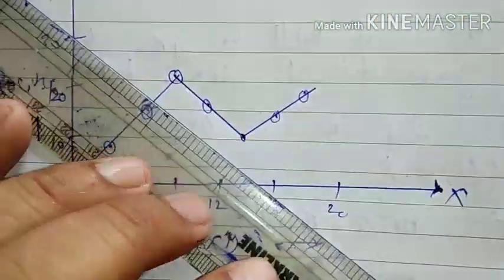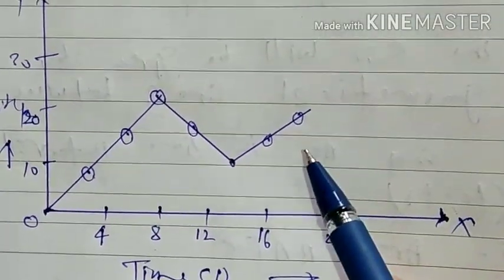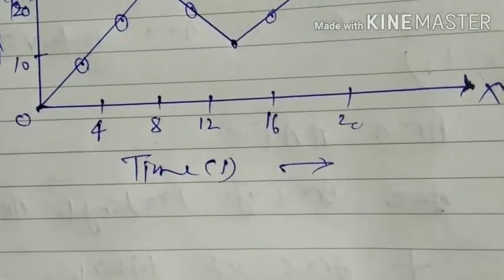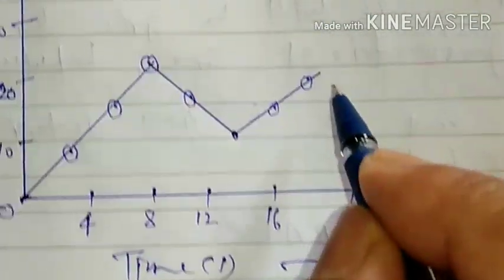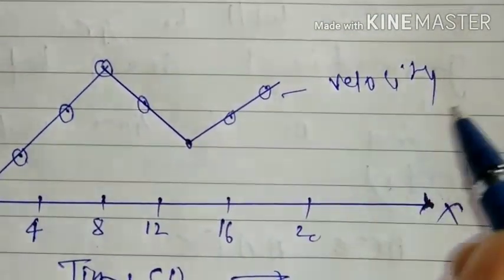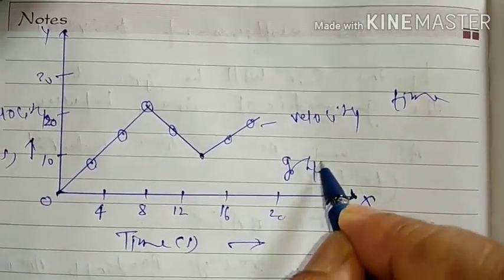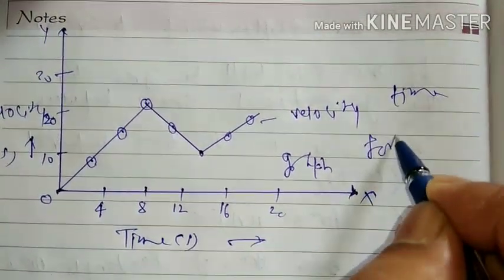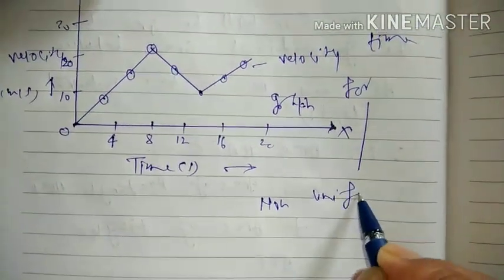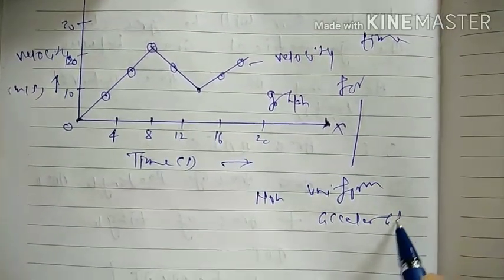With time, velocity increases, decreases, increases. So, is it a straight line? No. So what we can see is that the velocity time graph of an object with non-uniform acceleration is not a straight line. So this is the velocity time graph for non-uniform acceleration.